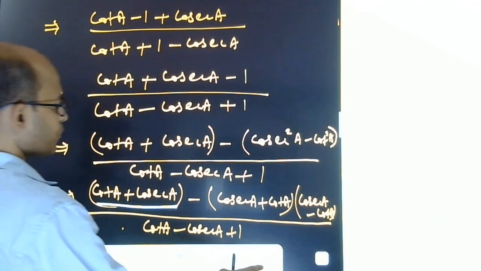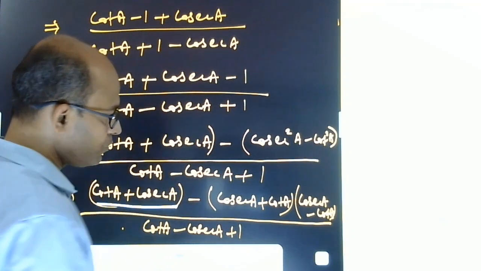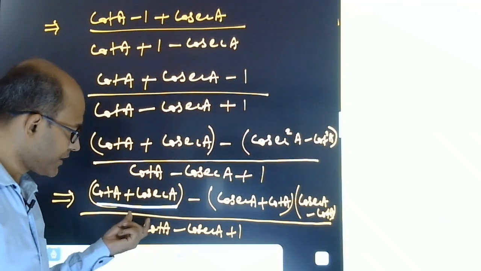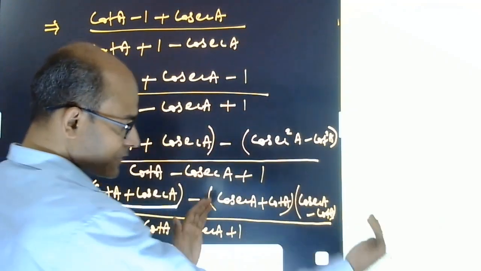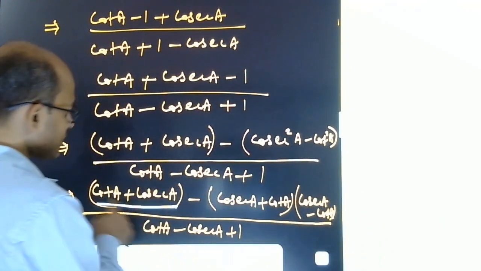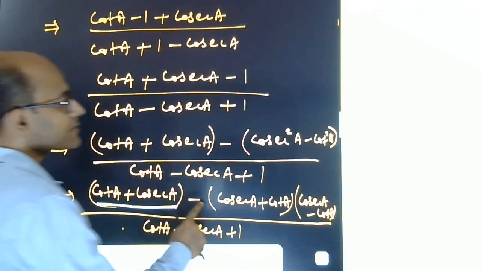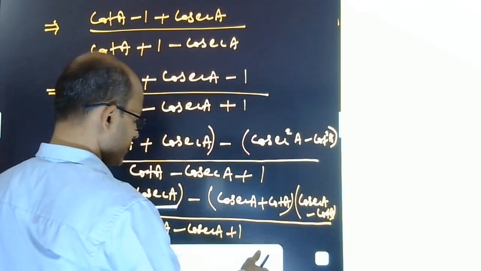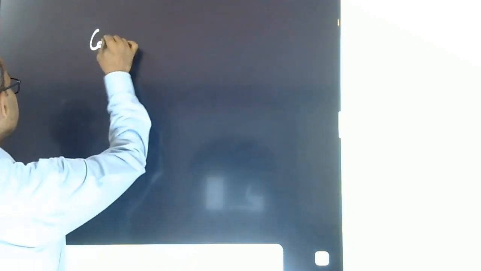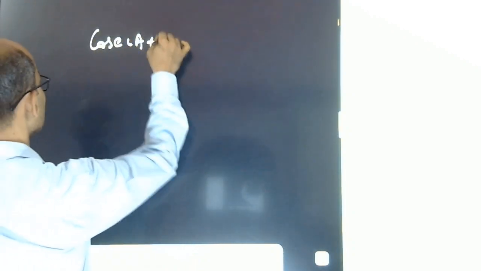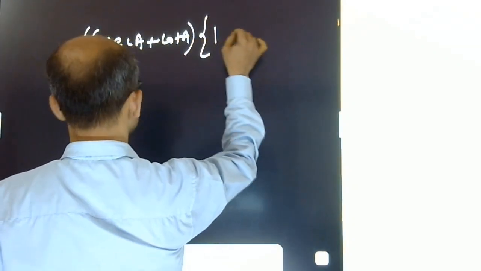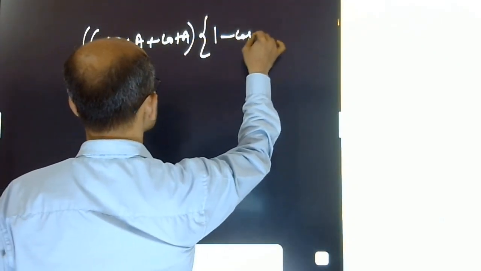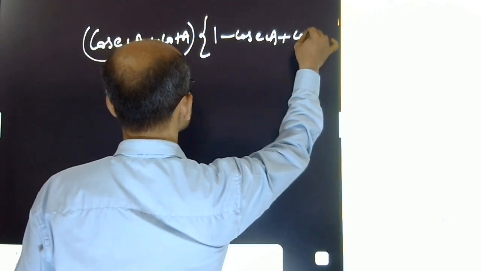Okay, moving ahead, what will be the value? Cosec A plus cot A in the bracket outside, and in the next adjacent bracket, 1 minus cosec A plus cot A.